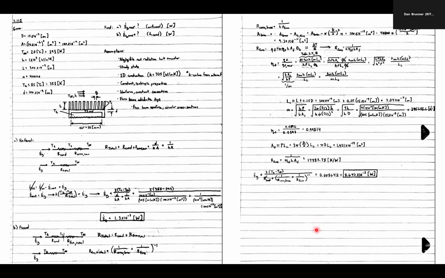Let's go back and see what's different between this solution and maybe the solution that's given. I mentioned before that my thermal conductivity is lower than the thermal conductivity that I saw when I took heat transfer 1 and did this problem. But you can see that the numbers that I'm getting are pretty much exactly the same as they are if you use a thermal conductivity of 490, I believe it was.